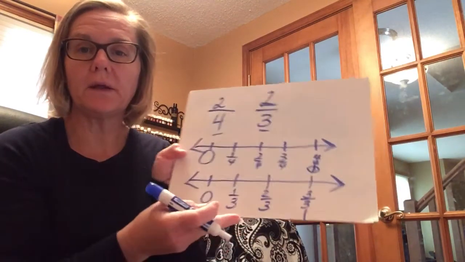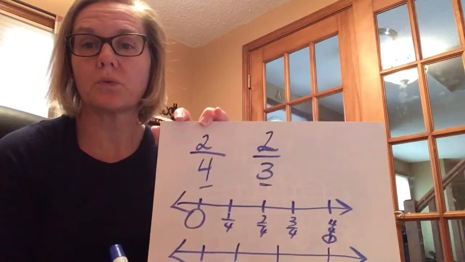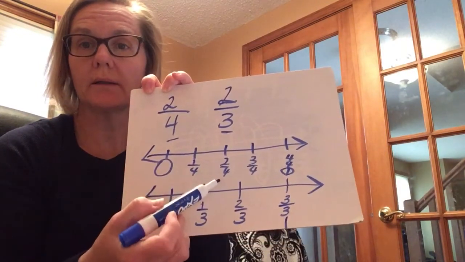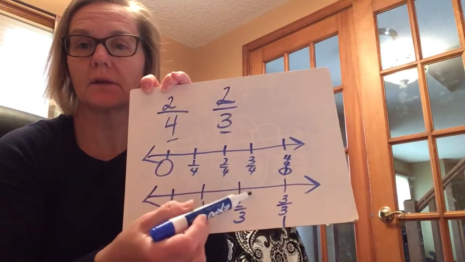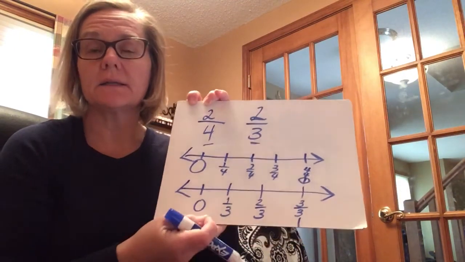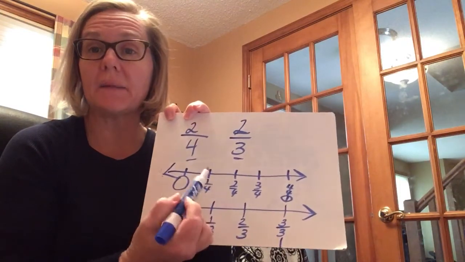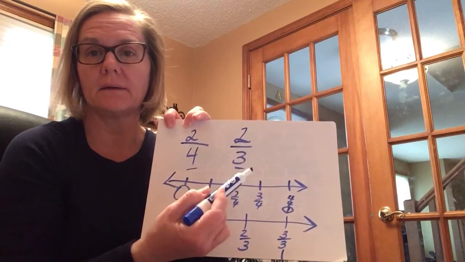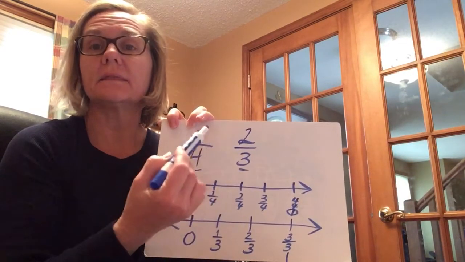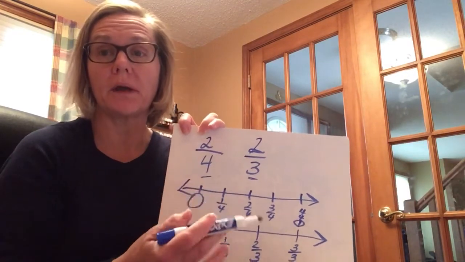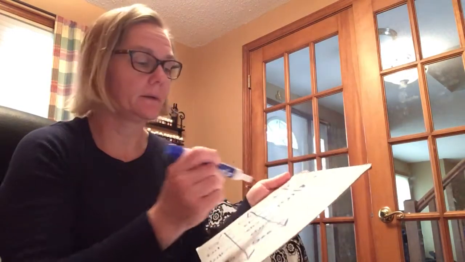Now if you're comparing them and I want to know which one is greater, here is my 2/4 and here is my 2/3. What we learned the other day is that if the denominators are different but the numerators are the same, then the one with the smaller number on the denominator is actually the bigger fraction.